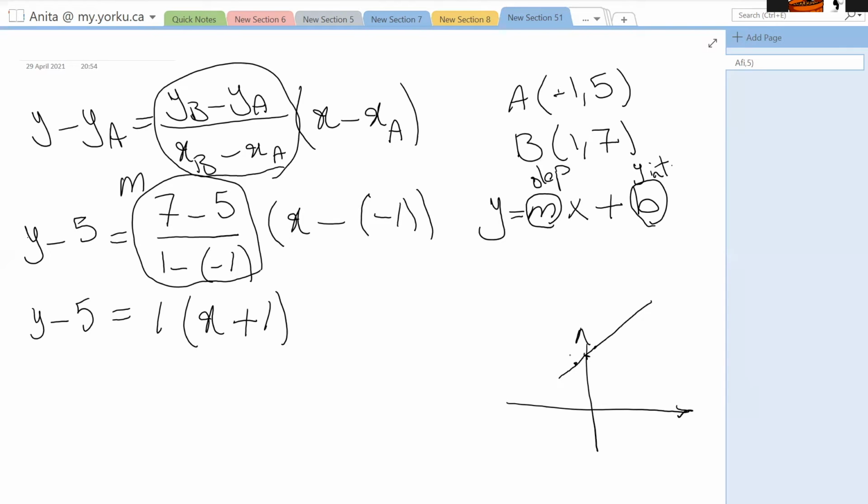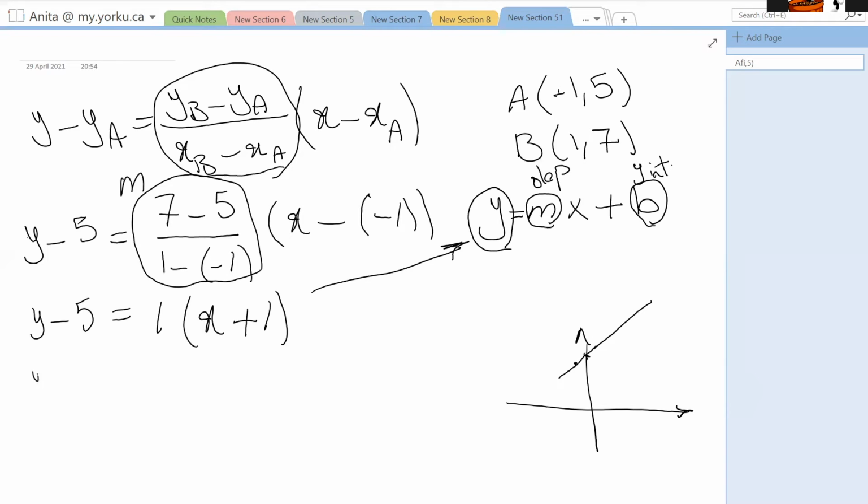Okay, now we are so close because we want to get this line into this format. But we need to do some algebra. So what do you see? You see y only isolated on the left side of the equation. So whatever else we have in our equation, we need to push it to the other side of the equation.